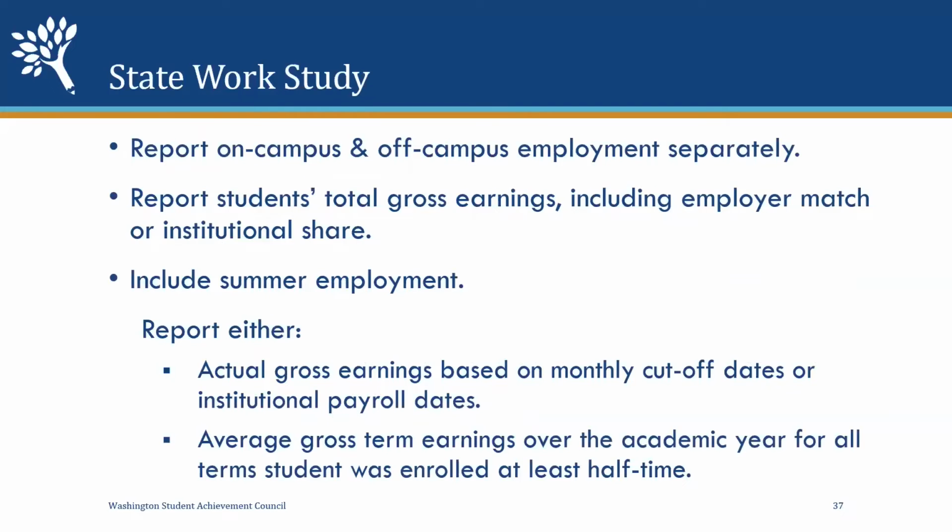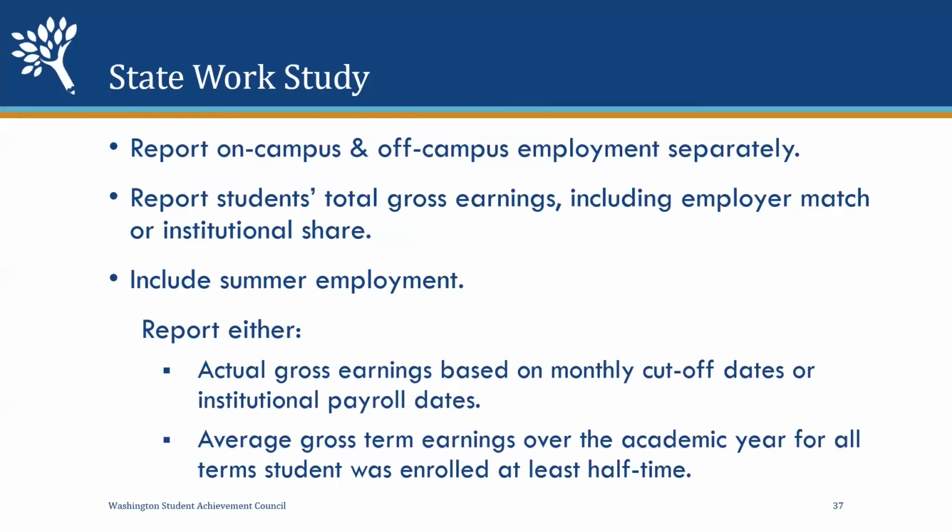For state work study, you report on-campus and off-campus employment separately. Report the student's total gross earnings, including employer match or institutional share. For these last couple of years, we have allowed a state work study grant.